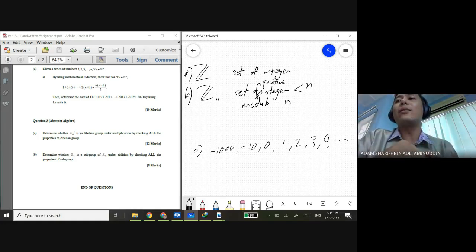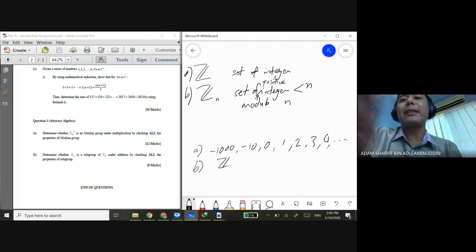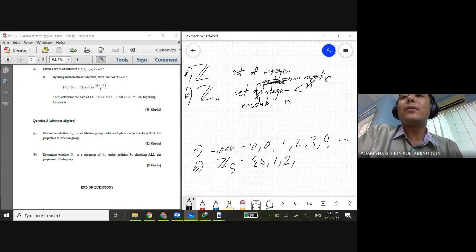It's not limited. It's an infinite set. That is the integers. For B, Zn, I must define my n first. For example, Z5 means the set of non-negative integers. It includes 0: 0, 1, 2, 3, up until 4.